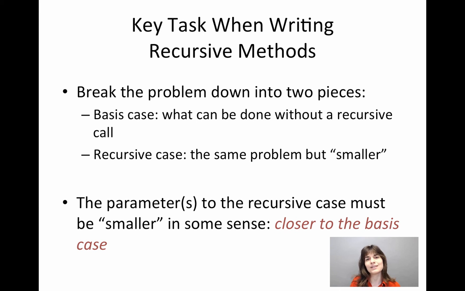And this is the reason that the parameter to the recursive call always needs to be smaller than we started, closer to the base cases. This is the goal. Every time we are making a recursive call, we are trying to get closer to the base cases so that the method actually at some point returns and our computation reaches an end.